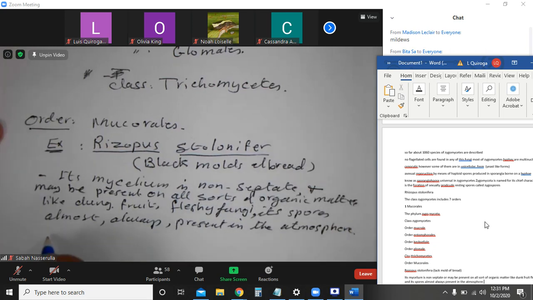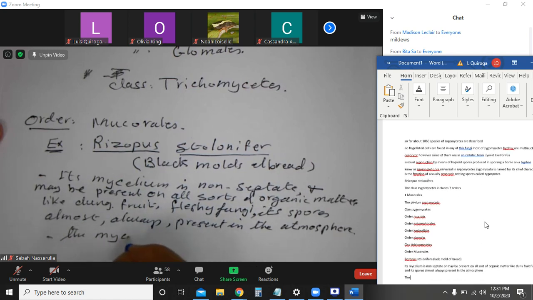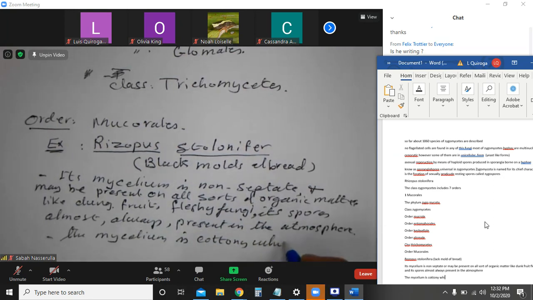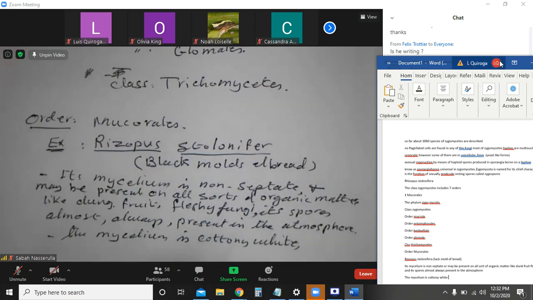Okay. Now, the mycelium, as I told you basically in the beginning, is cottony white. But once the spore is formed, it gives it a black appearance. So the mycelium is cottony white, okay.